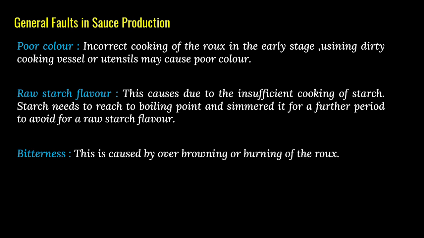Bitterness. This is caused by over browning or burning of the roux. By chance you are making a brown roux or a black roux, and if you have overcooked it, automatically you will get a burnt flavor and the appearance will also be damaged. Bitterness will be there. So you have to remember all these points.